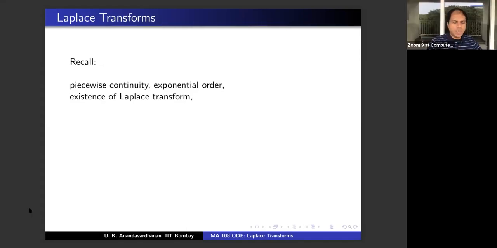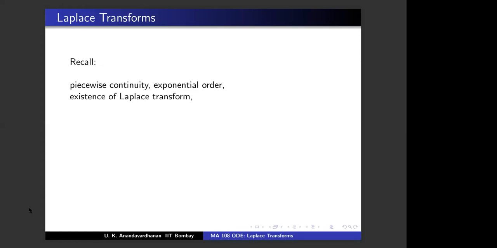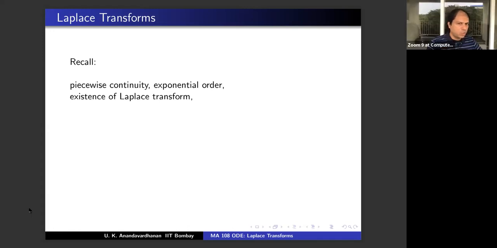Then we proved that if your function is piecewise continuous and of exponential order, if you assume both, then the Laplace transform exists. That integral converges in some region, depending on the order. We proved the existence of the Laplace transform for s bigger than alpha. Piecewise continuity was also used in the proof.